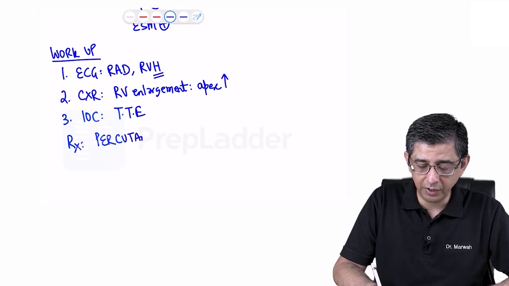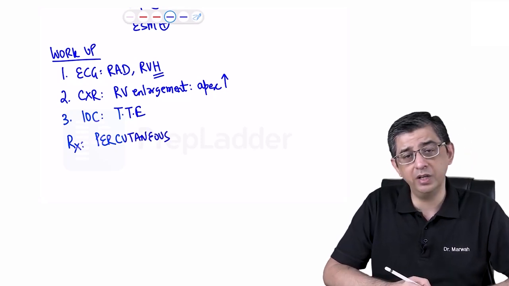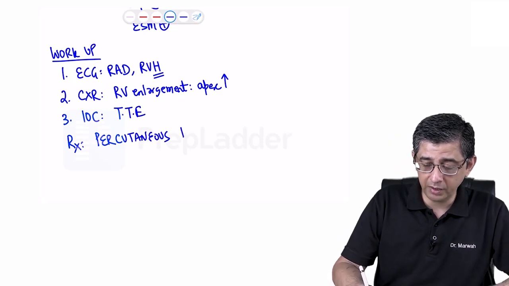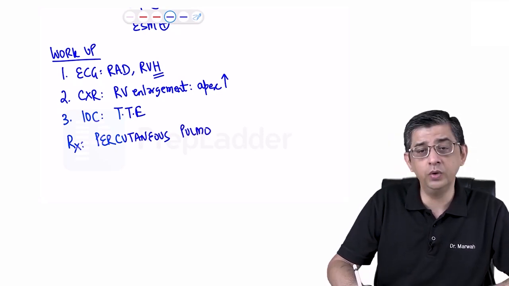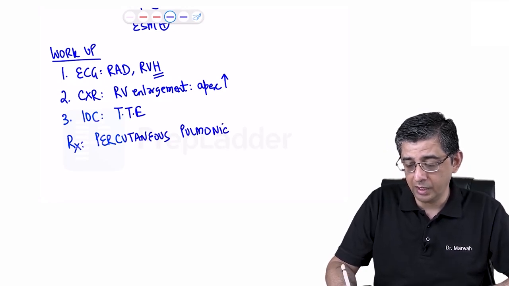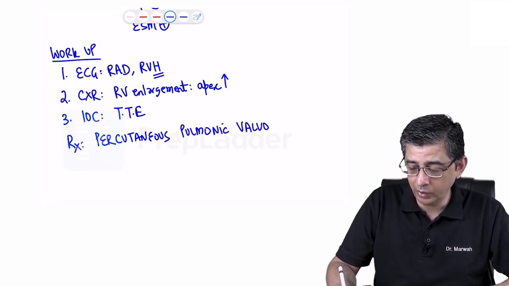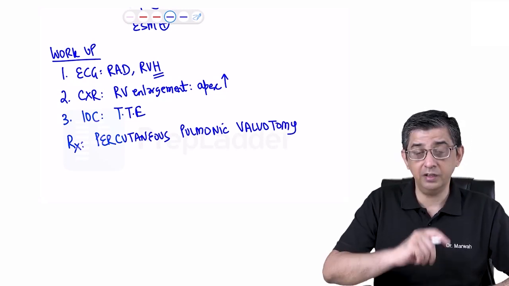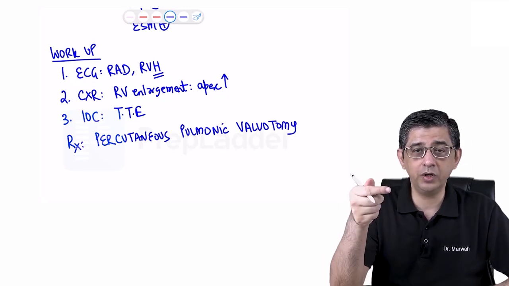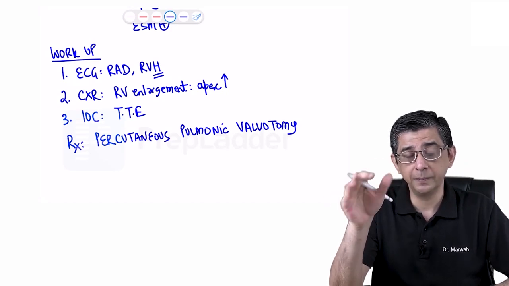Nowadays we are not doing open heart surgery for valvular lesions. There is no need. We can simply go in for a balloon dilatation for this patient. At this juncture, I hope you are realizing that when it comes to calcified aortic stenosis, you never do a balloon dilatation.